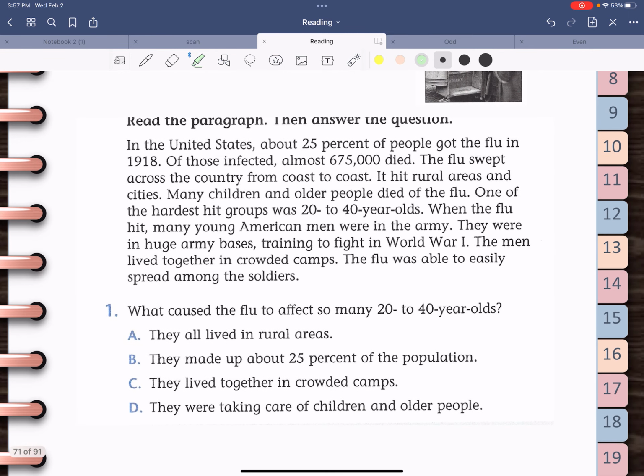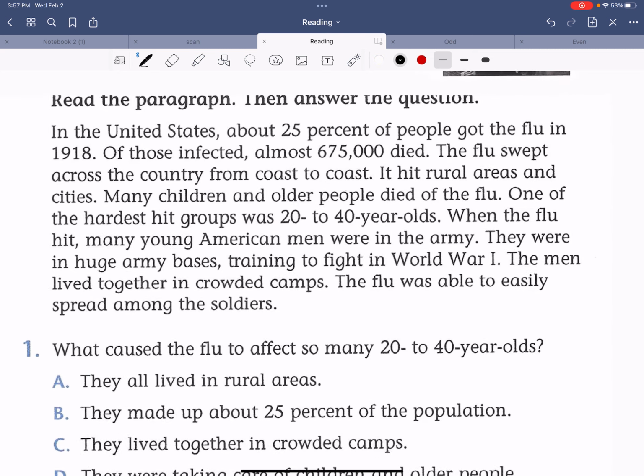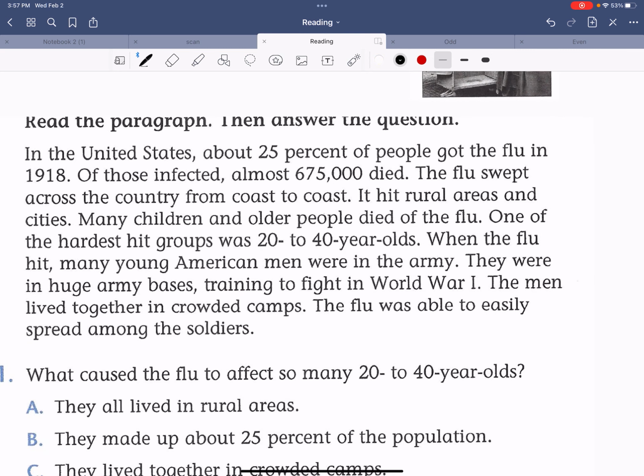Okay, the next example at the bottom of the page has a passage and a question. So let's take a look at this one. In the United States, about 25% of people got the flu in 1918. Of those infected, almost 675,000 died.